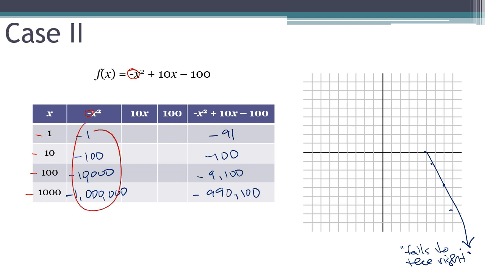Just like they didn't change on the previous one, because when we square negative 1, it becomes positive 1. When we square negative 10, it becomes positive 10, and so on. So my answers are going to be very similar. They're going to be dropping off this way. So there is my end behavior. I would say this graph also falls to the left.